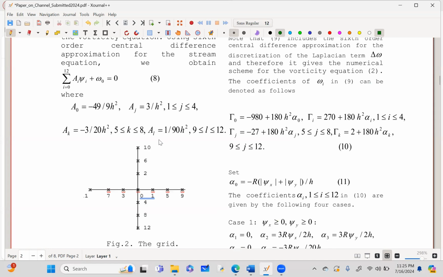First of all, the discretization of the vorticity equation is carried out using this 13-point grid, which is based on a central difference type of approach.